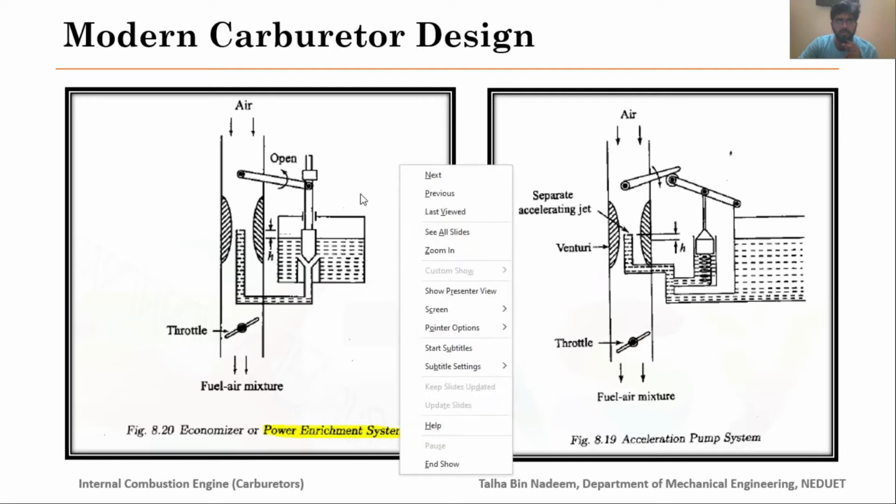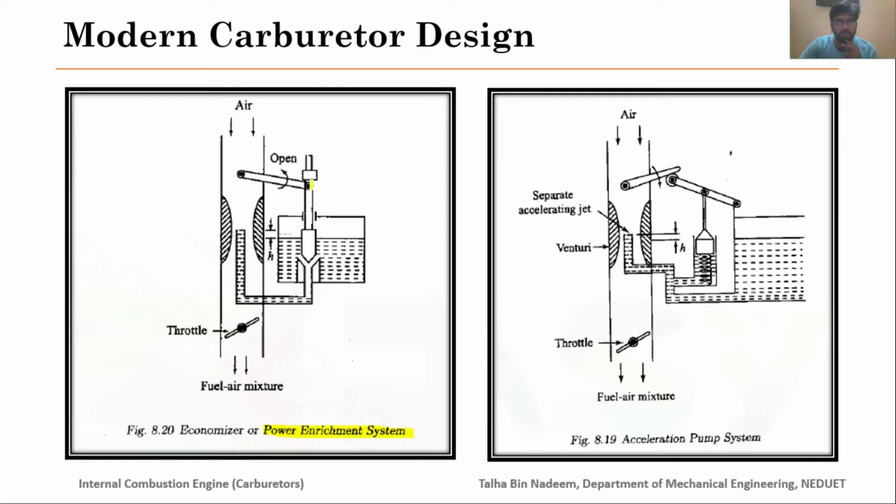Here you can see that there is a plunger type valve which will be closed during normal operation, but when you accelerate your car or your IC engine to higher loads, this plunger is connected with the accelerator pedal via links.